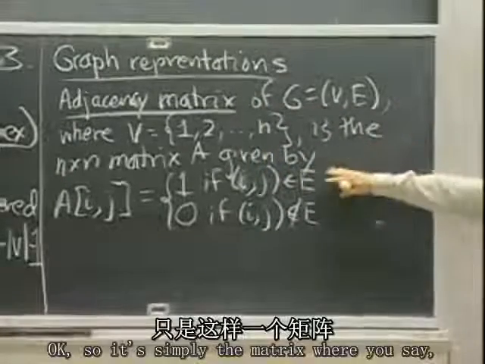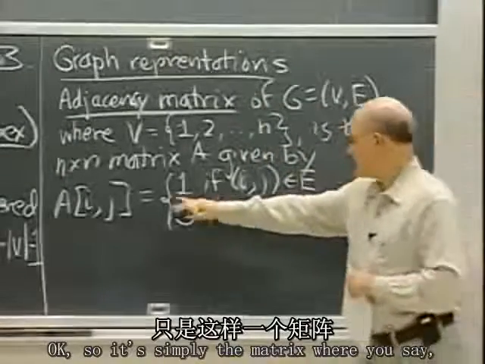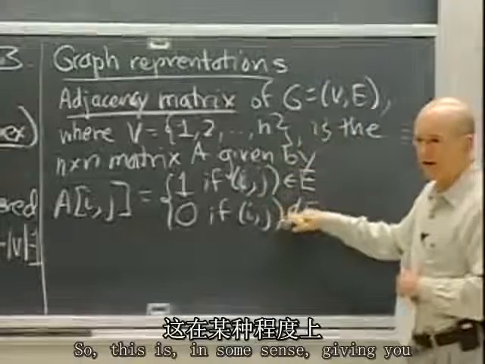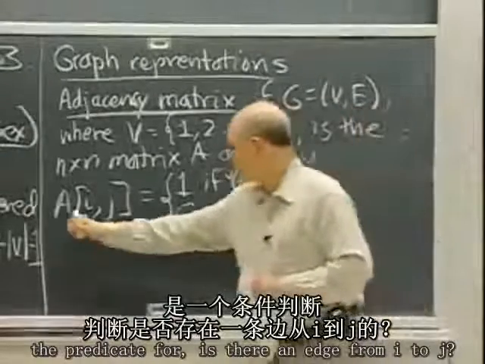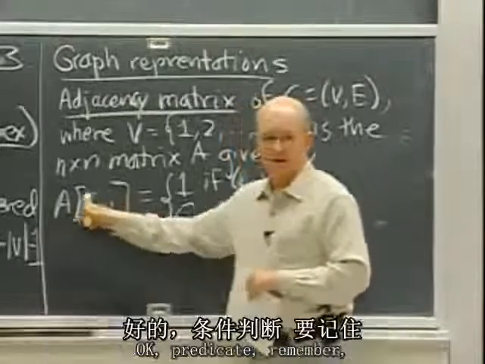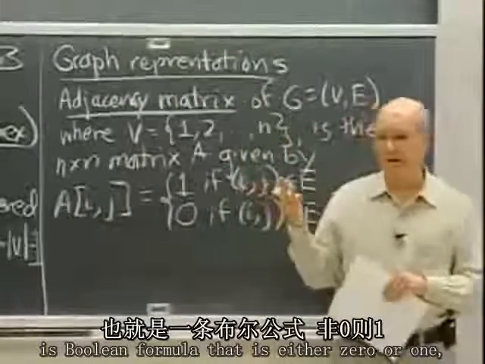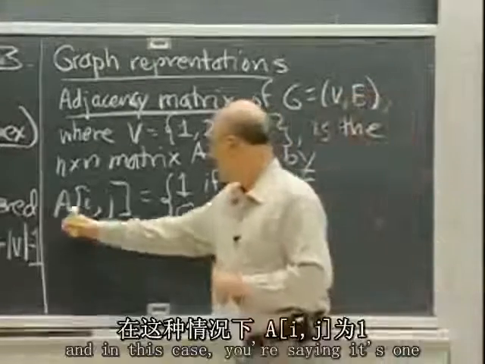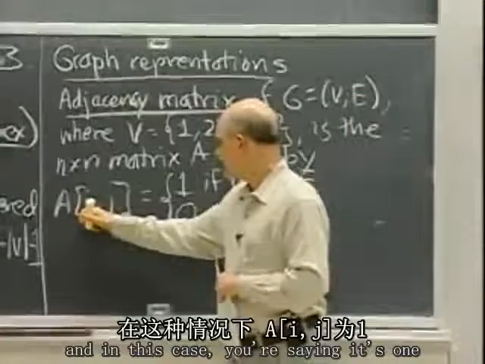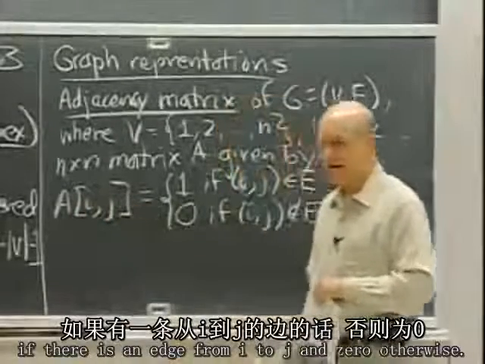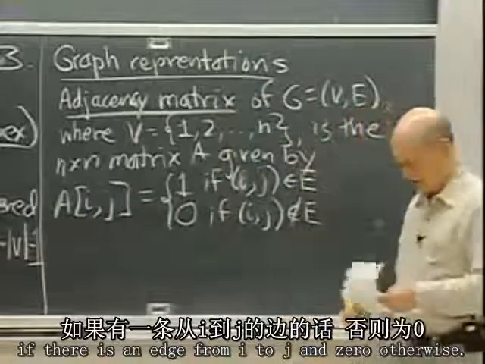So this is in some sense giving you the predicate for whether there is an edge from i to j. Remember, a predicate is a Boolean formula that is either 0 or 1, and in this case it's 1 if there's an edge from i to j, and 0 otherwise.